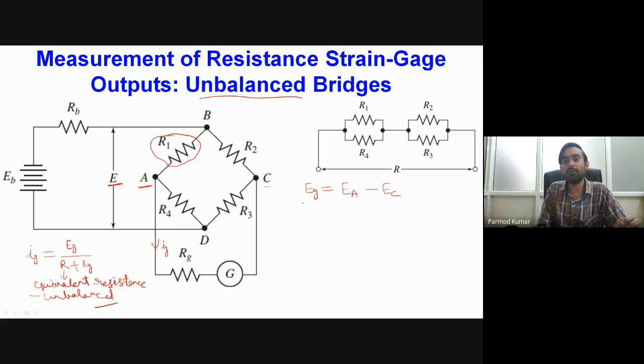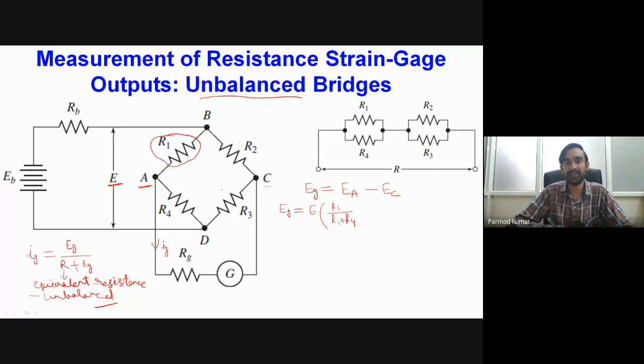Now, using the voltage division rule, we can determine the value of potential at point A. As per the voltage division rule, the potential at A will be E times R1 divided by R1 plus R4, because this E is contributing to R1 and R4 in one parallel connection, and in another parallel connection it is contributing to R2 and R3.